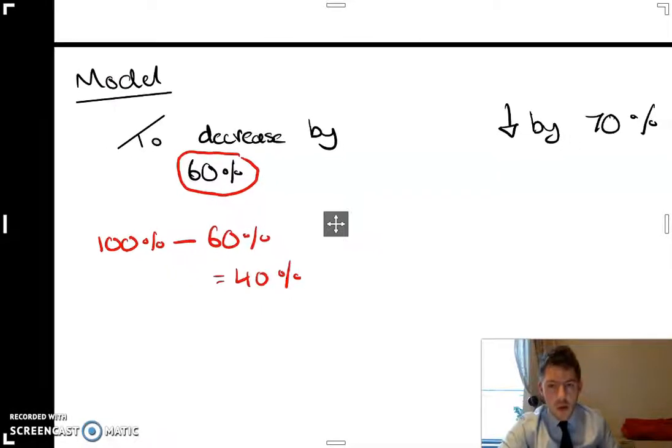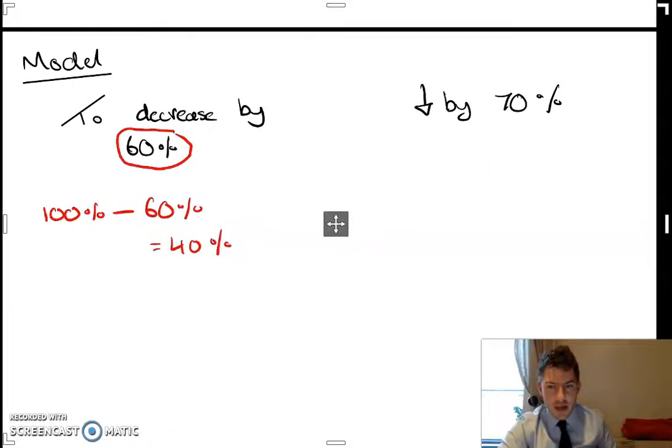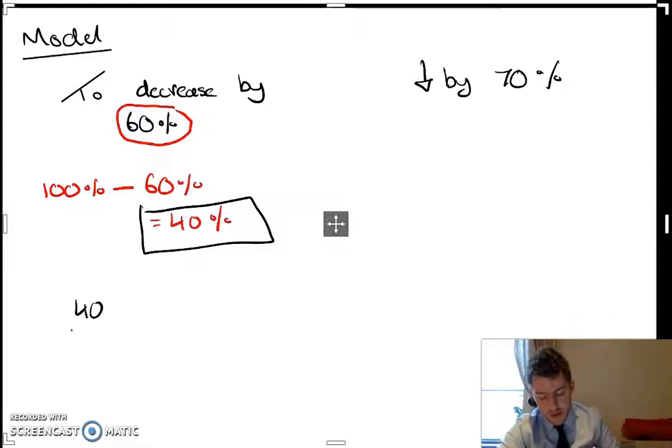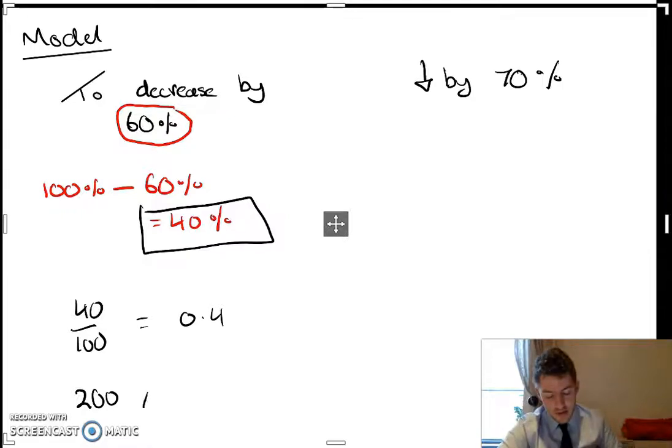So now, when we decrease it by 60%, what we want to find is 40% of something. And now we just do the simple 40 over 100 equals 0.4. So a decrease of 60% on, let's say, £200, we times it by 0.4, and that is going to equal 80.